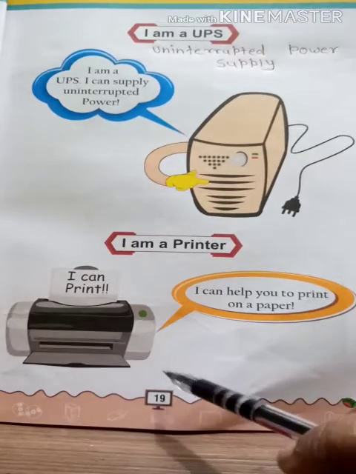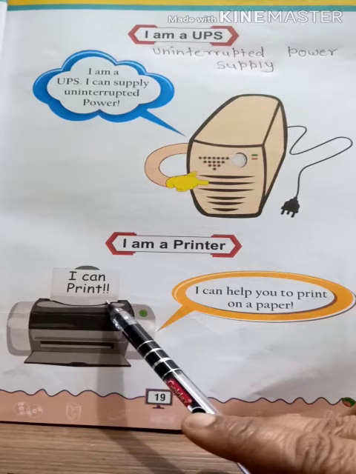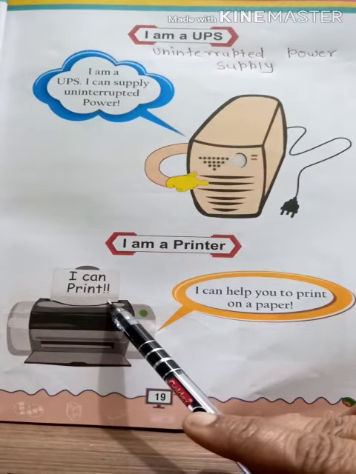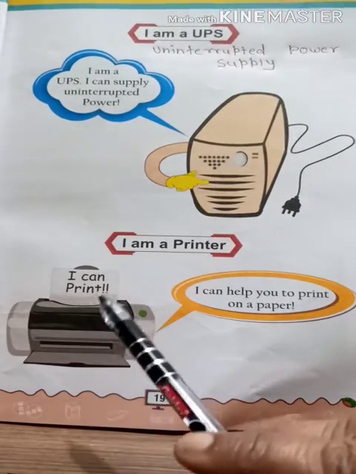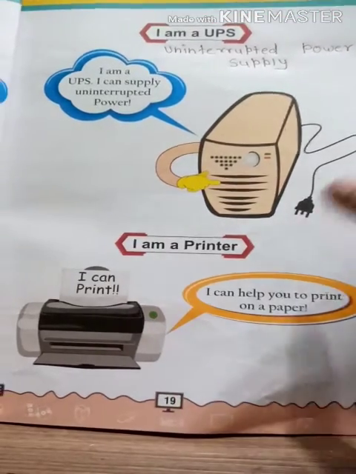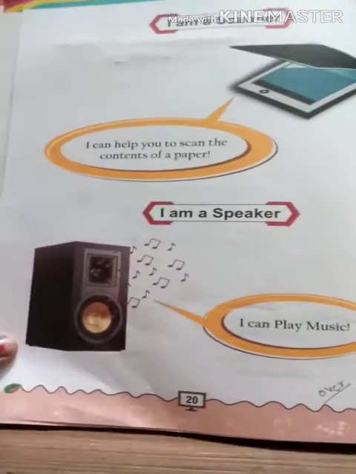So what is the printer doing? The printer can print the picture or written things, or whatever you want to print on paper. The next part of our computer system is this one, the scanner.